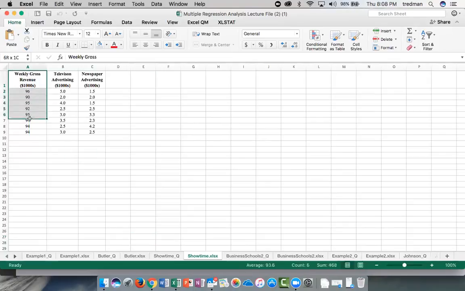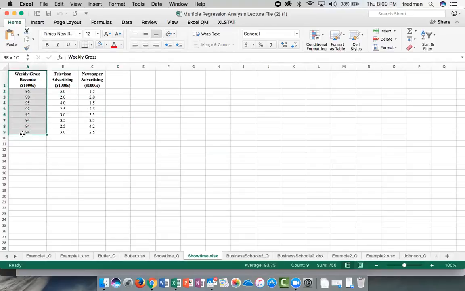In this case, the weekly gross revenue is going to be our dependent variable, and the television advertising and newspaper advertising are the independent variables. So let's first look at weekly gross revenue versus newspaper advertising. I'm going to make a scatter plot, and in order to do that, I really need to rearrange the columns a little bit.